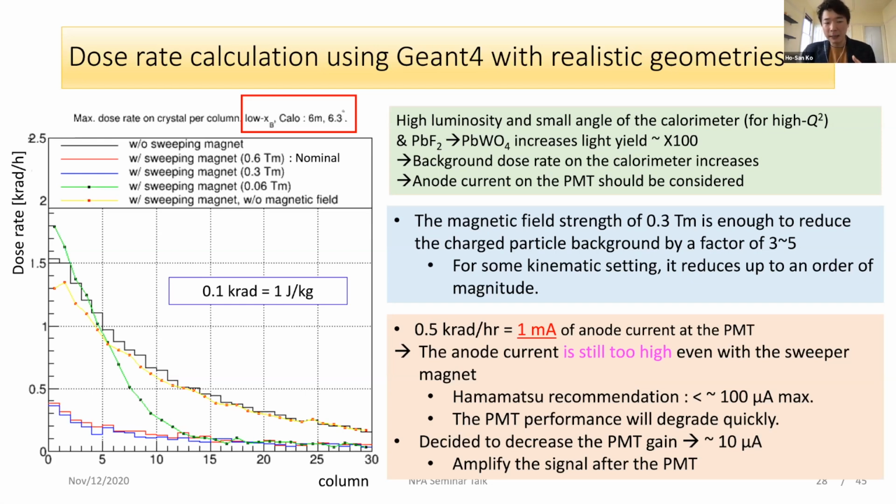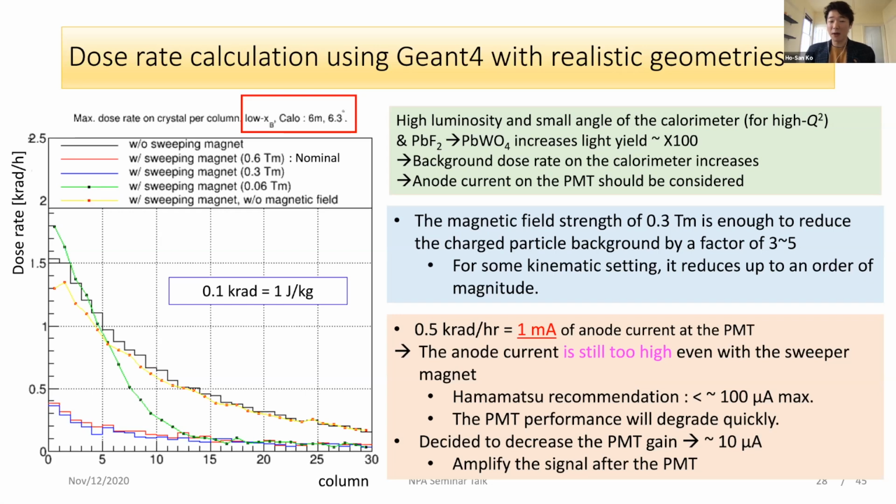But if we see the sweeper magnet reduce the dose on the calorimeter, if we convert this 0.5 kilorad per hour into the anode current at the PMT, it is 1 milliamp.